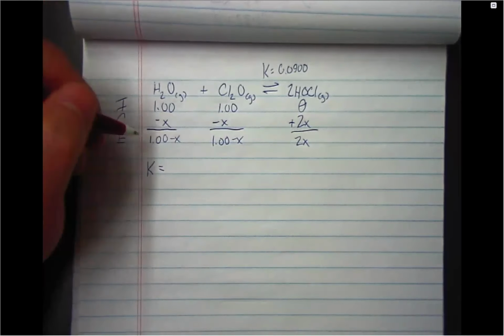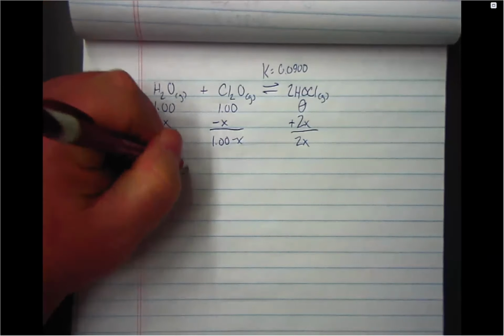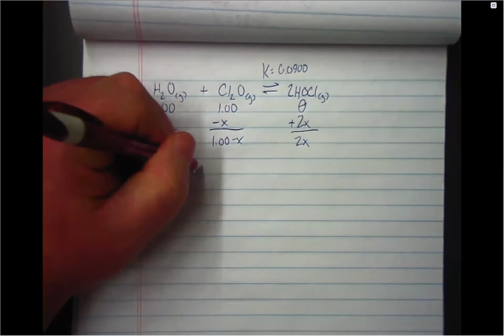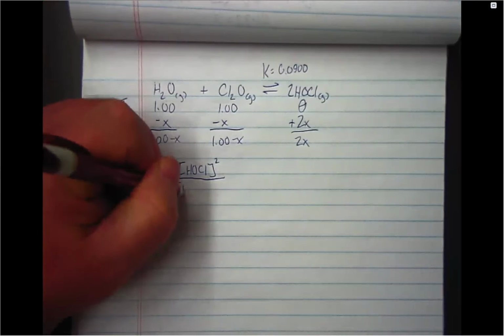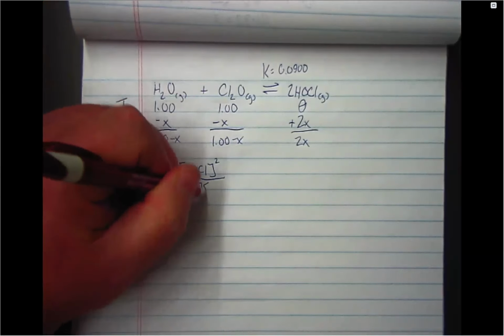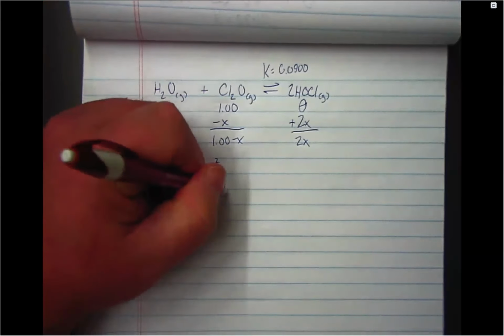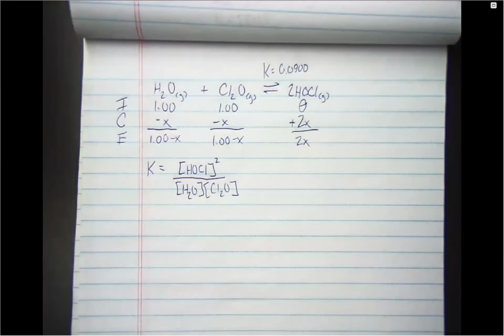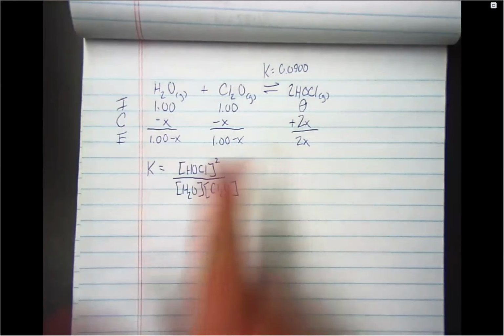We know that K is equal to our molarity of HOCl squared divided by our molarity of H2O and divided by our molarity of Cl2O. So we can use that equilibrium expression now and substitute everything that we know to be able to solve for X. In other words, to figure out what these three concentrations are once we know what X is.